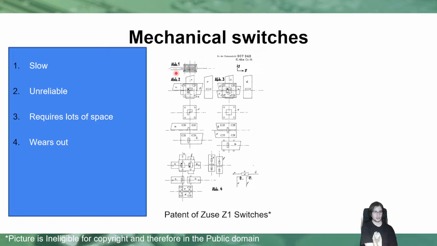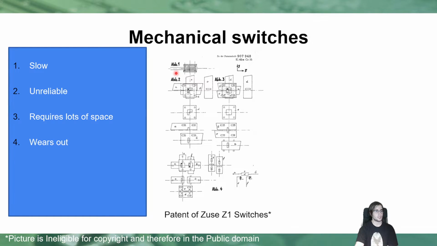And another thing is the Z1 tends to collect some dust, and the more dust there is inside of it, the more unreliable it gets because the dust helps in clogging everything up, which contributes to the thing wearing out.